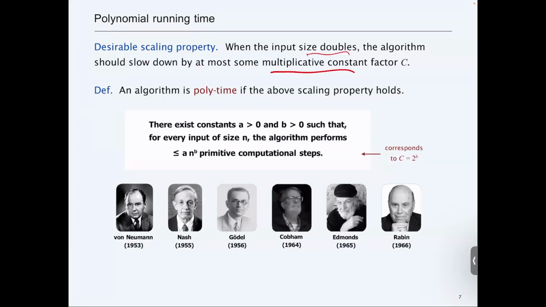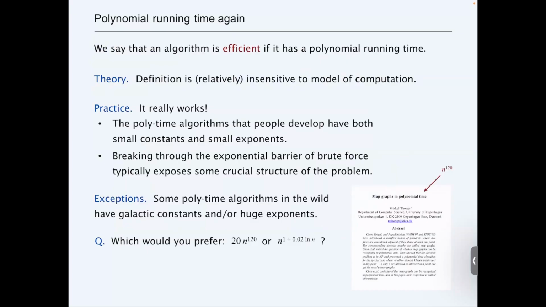Mathematically, an algorithm is polynomial time if its runtime can be bounded by a times n to the b, where a is greater than 0 and b is greater than 0. An algorithm is considered efficient if it has a polynomial time algorithm. Examples of polynomial time include n log n, n squared, and n cubed. These grow much more slowly than the exponential functions that you may have seen, like 2 to the n, 3 to the n, or n factorial.